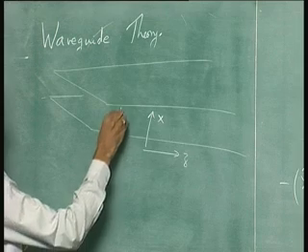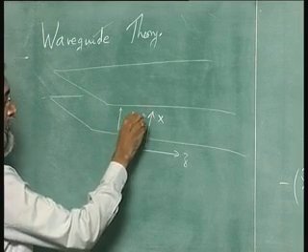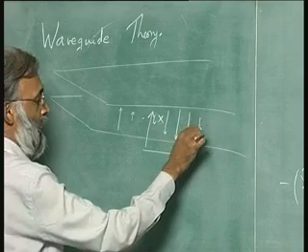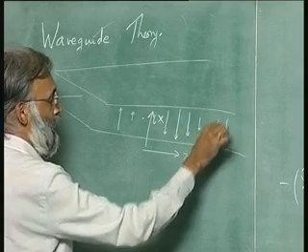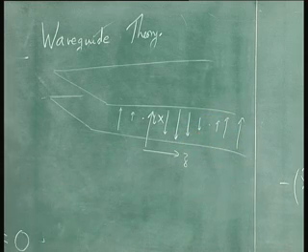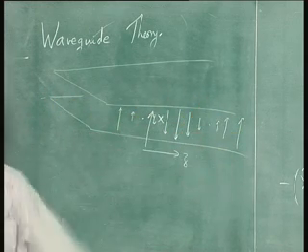So we will have electric fields, and then the electric fields will change direction, and that is what is our wave. The wave is going in the Z direction.